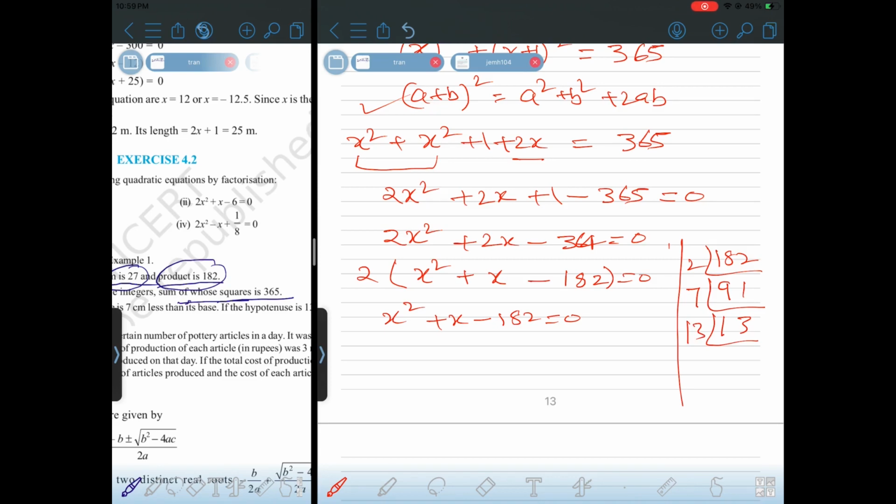We need x, so from these factors we have 14 and 13. We can write x square plus 14x minus 13x minus 182 is equal to 0.